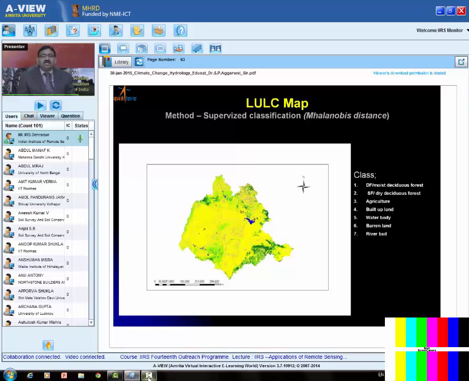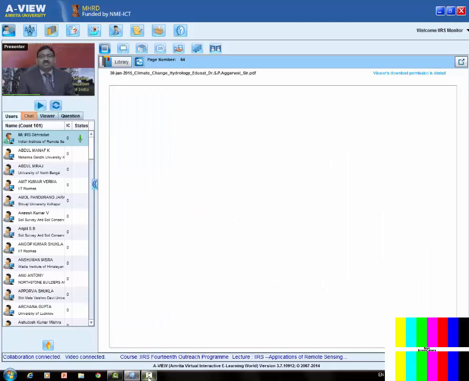The next step is the LULC map, land use land cover map. You can see different classes. This is the 2008 land use land cover map made using satellite data. Then the next step is to create a grid map of your area, because we have to calculate the water balance. This is a 5 km by 5 km grid of the Mahanadi Basin.